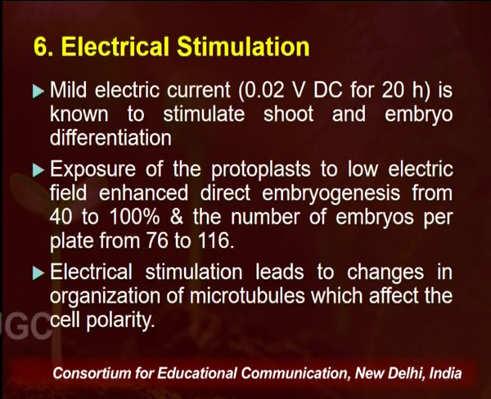So you can just imagine the increase in the success rate from 40 to 100% when the protoplasts were exposed to a low electric field, and the number of embryos per plate increased from 76 to 116. The electrical stimulation has been found to cause changes in the organization of microtubules, which eventually affects the cell polarity, thereby causing beneficial effects towards somatic embryogenesis.